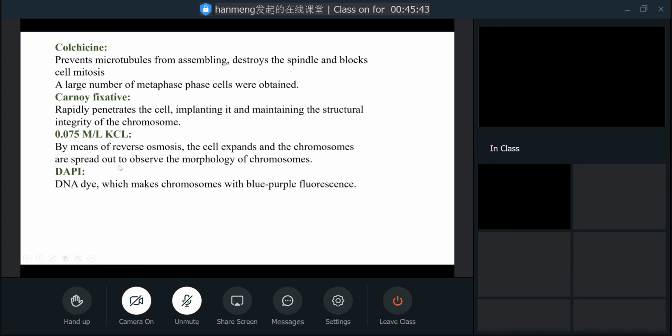Then, once the chromosomes are released from the nucleus into the cytoplasm, we should fix their morphology, for us to observe them better. Then we use a fixative named Carnoy's fixative.